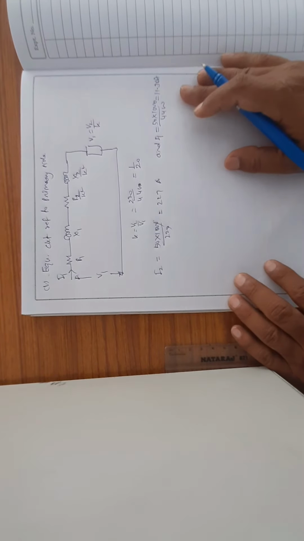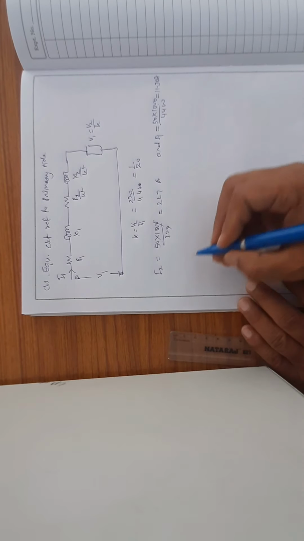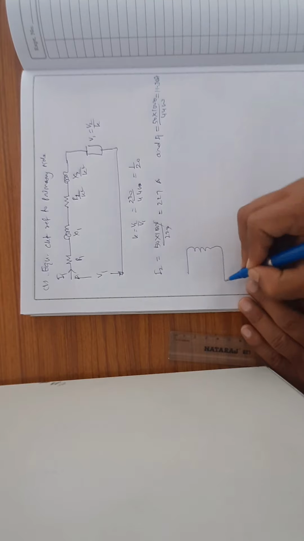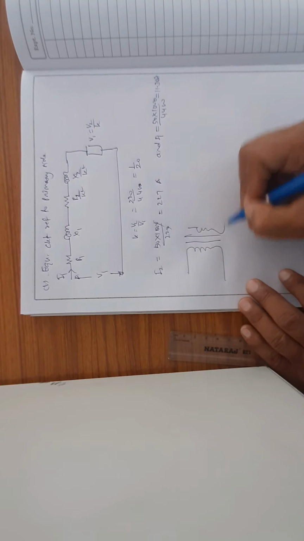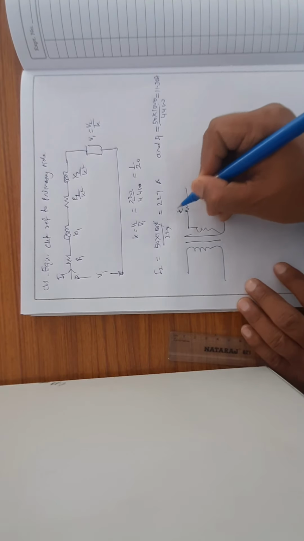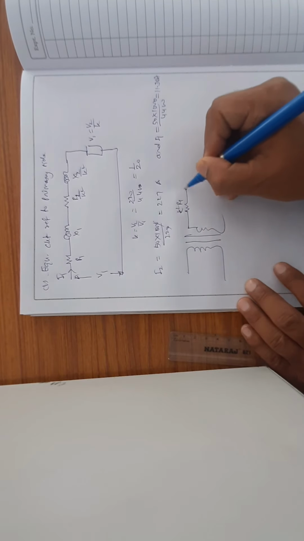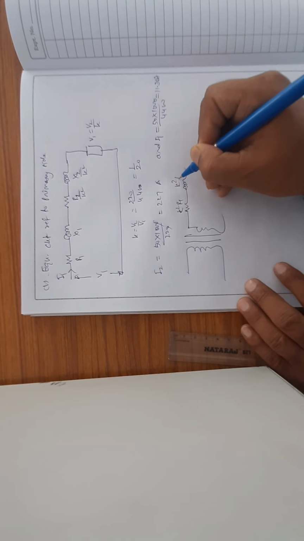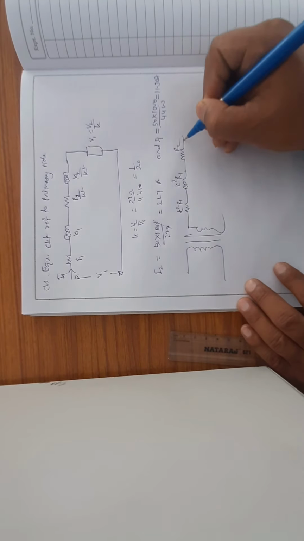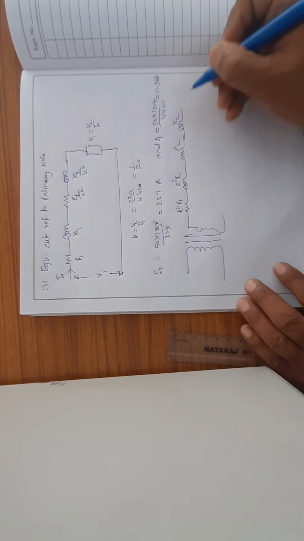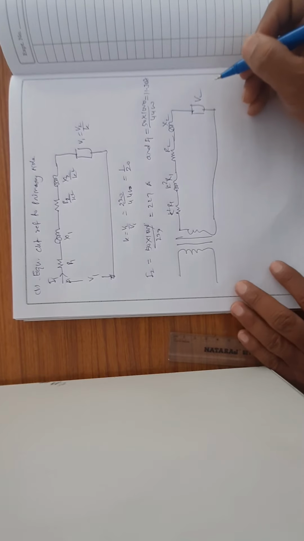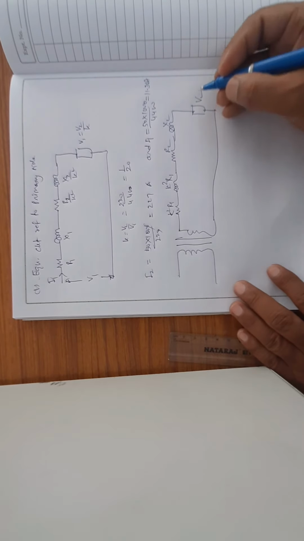Referred to the primary side and referred to the secondary side. What will be the value? K square R1, K square X1, R2, and this is X2, V2, I2.